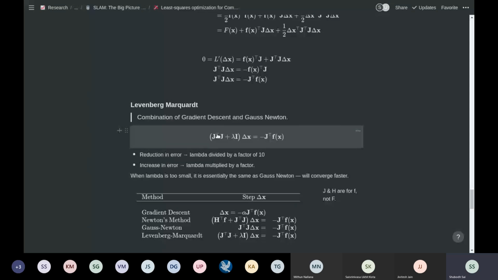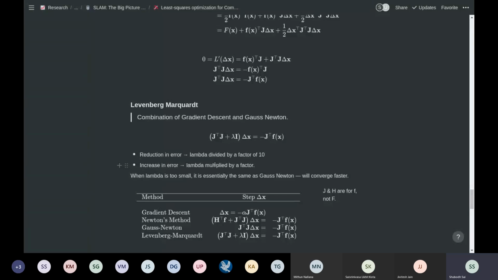If you block this term, you will get gradient descent. If you block this term, you will get Gauss-Newton. The combination of both is LM with an additional parameter lambda. Over here we say in LM, let's say you have taken a small step from the last step and moved in some direction.